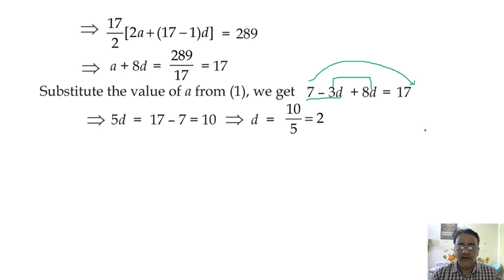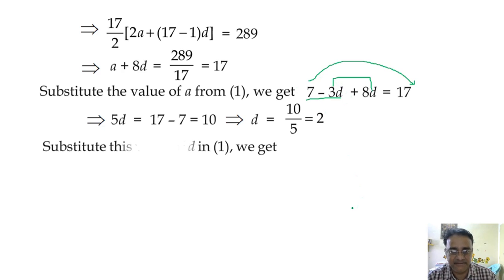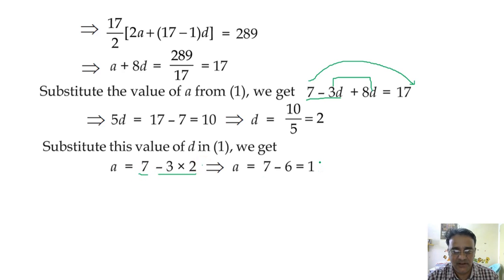Now we require the value of a also. So we'll substitute d in a is equal to 7 minus 3d. So 7 minus 6, it will become 1. So first term and common difference we got.